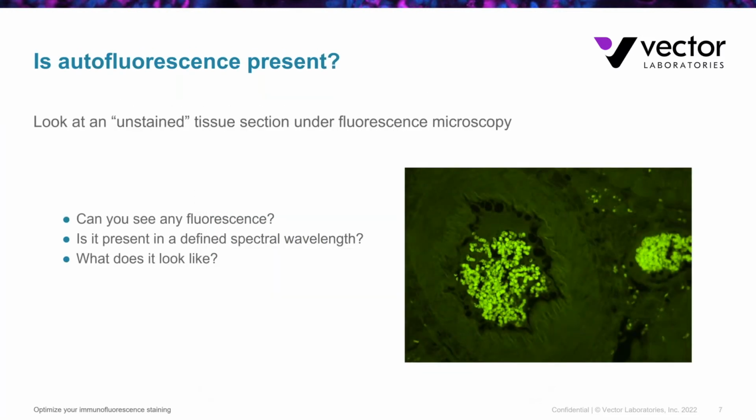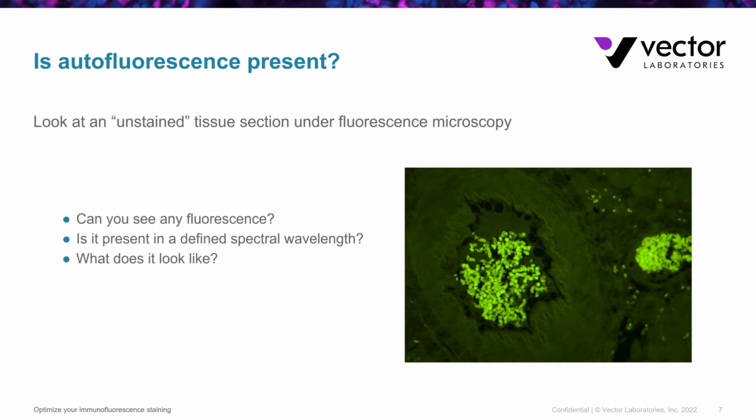Now, some investigators might be thinking, well, how do I even know that autofluorescence is present in my preparation? And that's quite easily done by examining the actual specimen you've got. And I've duplicated here this image just from the prior slide, whereby this is an unstained tissue section.